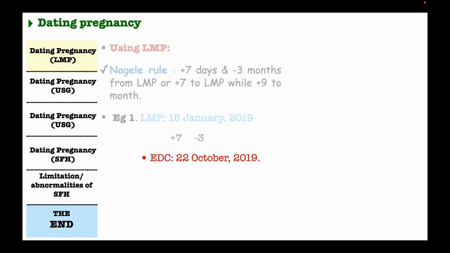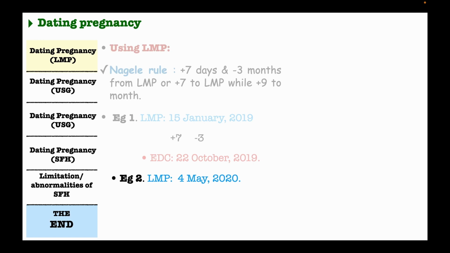So we subtract backwards and we are going to get October 2019. And so the expected date of confinement for this woman will be 22nd October 2019. We can as well add 9 months to January and we are going to get 10 months, which is still 22nd October 2019.